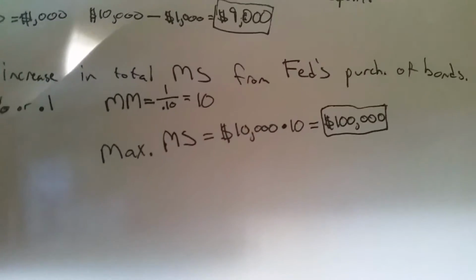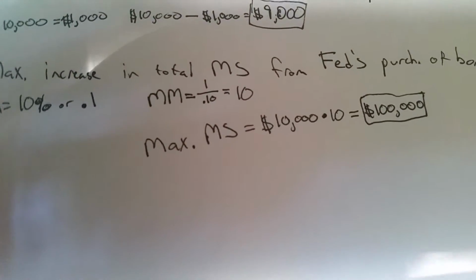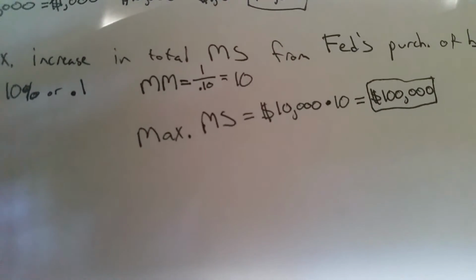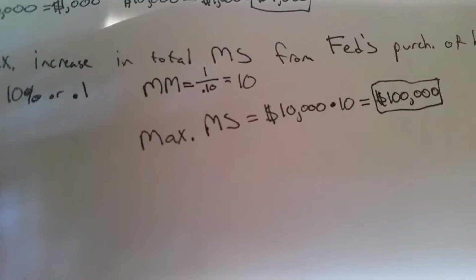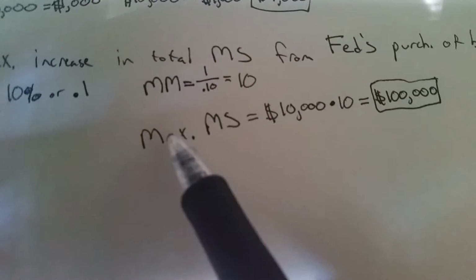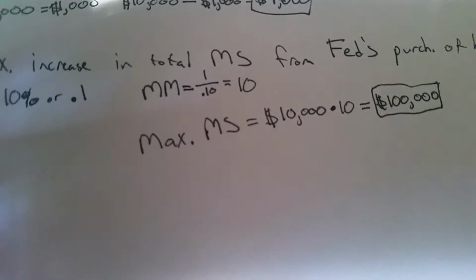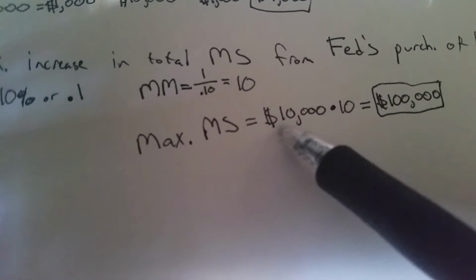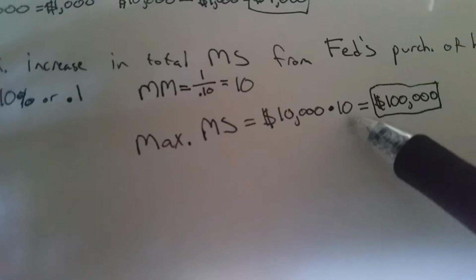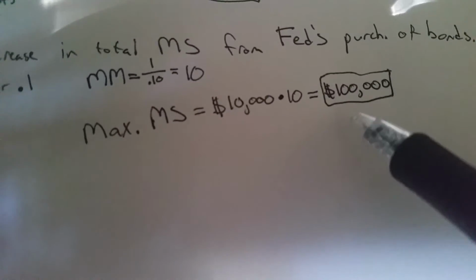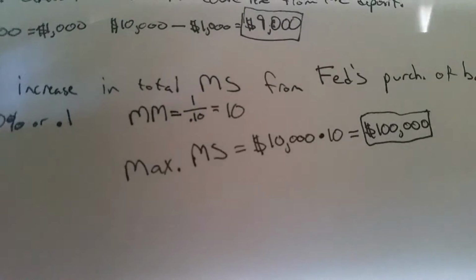Now that we have our money multiplier and our demand deposit, in order to find the max money supply change, you do $10,000 times your money multiplier, which is 10, and you get $100,000. That'll be your answer for the maximum increase in the money supply.